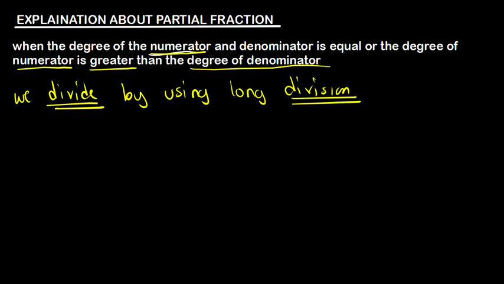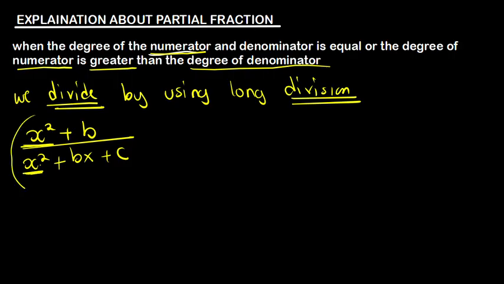So this usually happens when the degree of the denominator and the degree of the numerator are equal, or when the degree of the numerator is greater than the degree of the denominator. How can you know? You can know when you have something like this. If you look at the degree on the numerator, it is 2, and the degree of the denominator here is also 2.